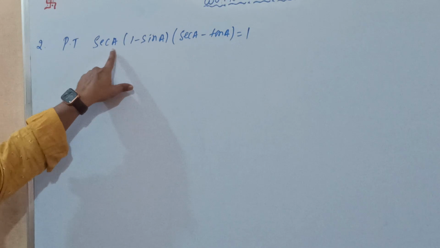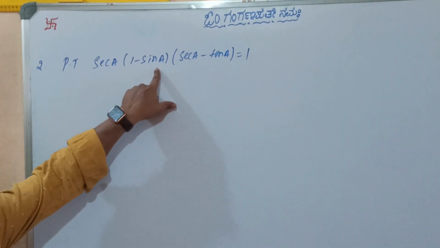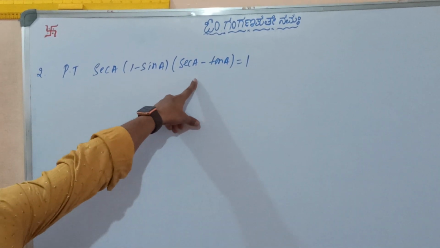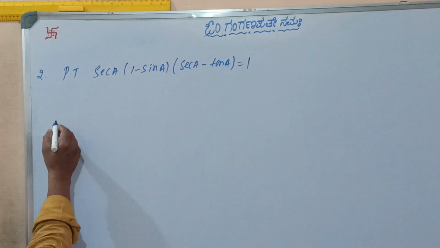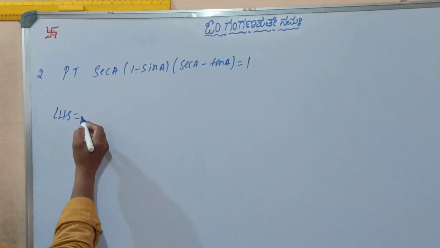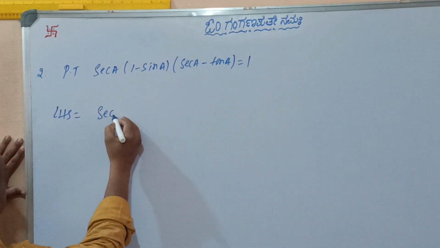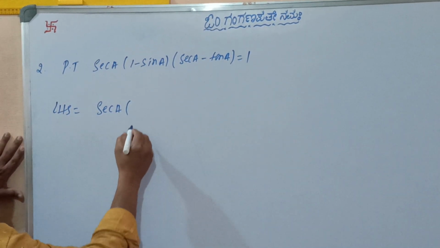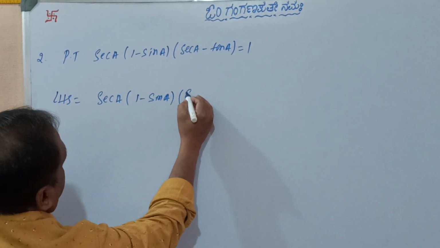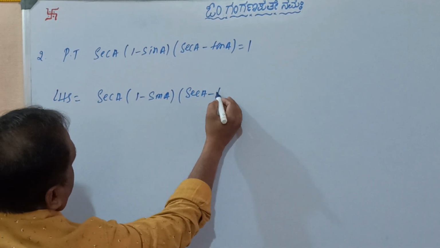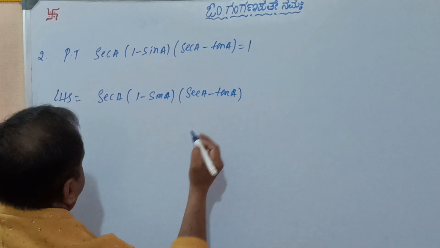Okay, next problem: prove that sec theta into bracket (1 minus sin theta) into bracket (sec theta minus tan theta) is equal to 1. Here also we are going to consider LHS first. LHS is equal to sec A into (1 minus sin A) into (sec A minus tan A).